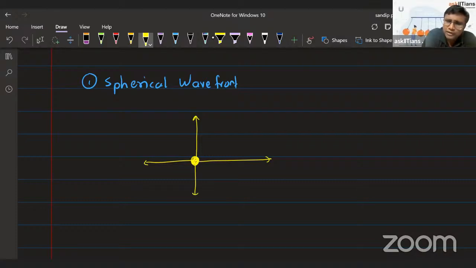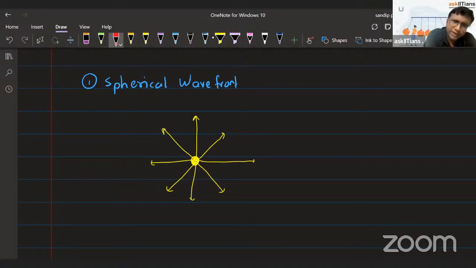So consider after some particular amount of time, right, the rays which started from here are going to reach the same particular distance, right? So all those points you can consider, this point, this point, this point, all these points are in the same phase, we can say, right?